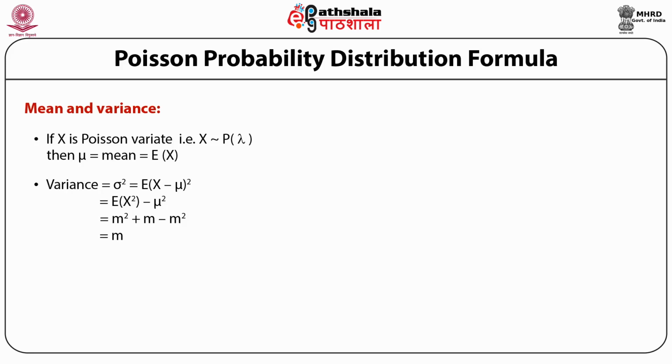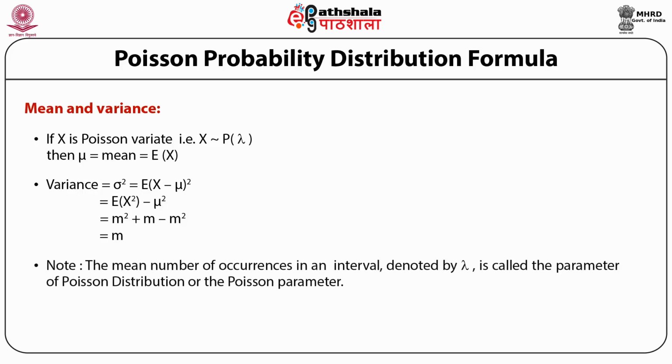That is also expressed as the expectation of X square minus mu square. The expectation of X square is m square plus m, and mu is m, so mu square is m square. The m square terms cancel out, so the result is m. So the variance is m and the mean is also m in the Poisson distribution. Mean and variance are the same.